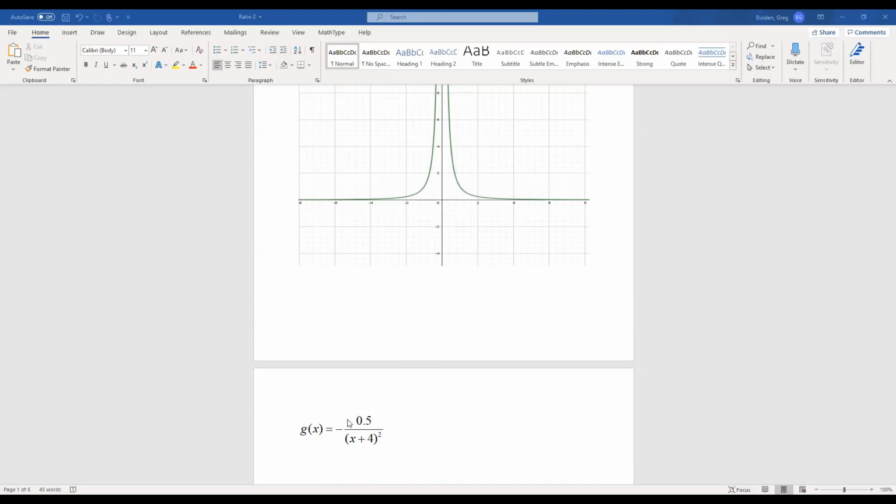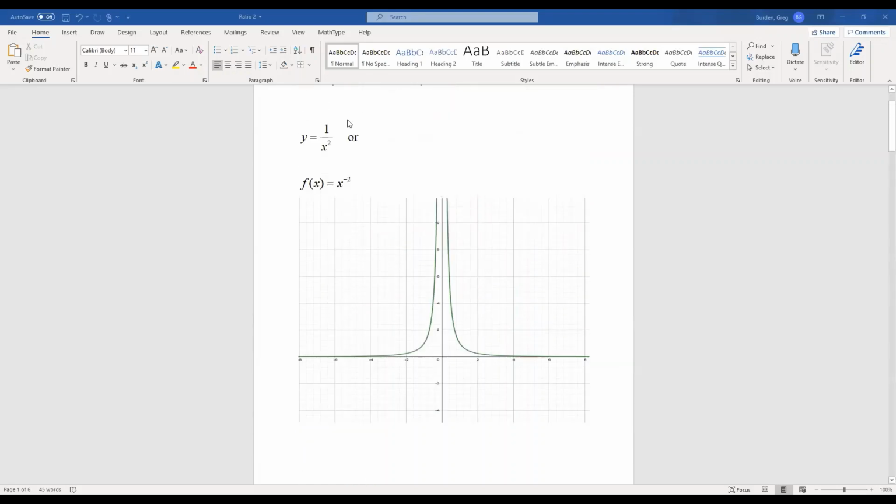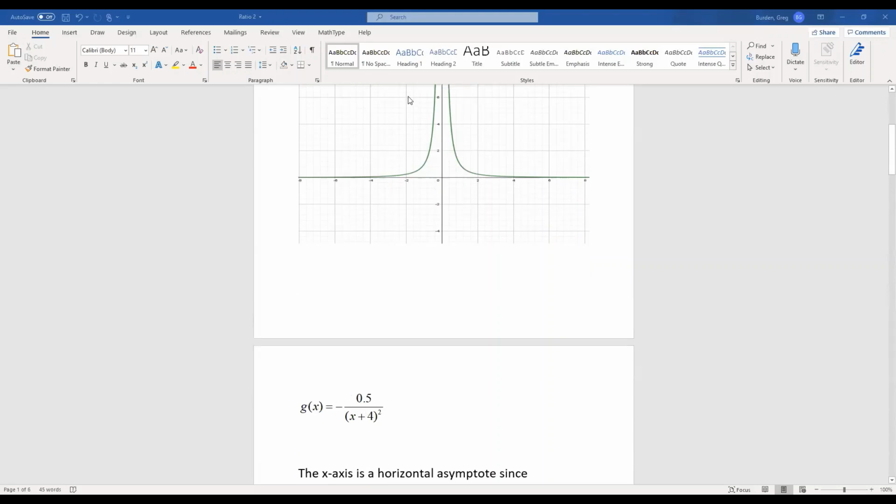I don't have a y shift here, but I do have a negative, which is going to reflect this with respect to the x-axis. So that's going to reflect y, so to speak. If this is our original y, well, our new y is going to be reflected. And the 0.5 also has an effect on it. It amounts to a vertical shrink, shrinking it in the y coordinate.